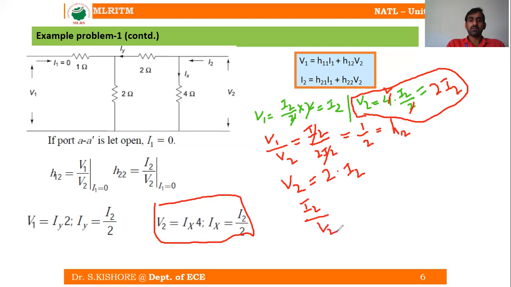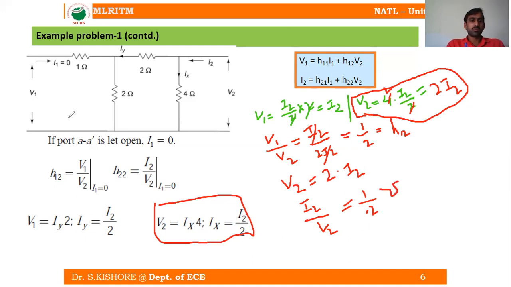again 1 by 2, but here it is not a dimensionless parameter. I by V is nothing but an admittance, so we can write it as mho or Siemens.